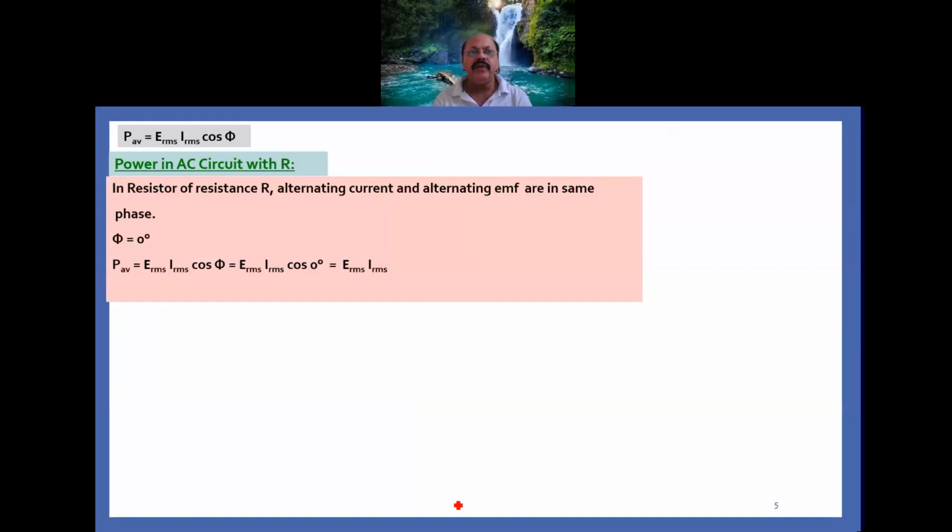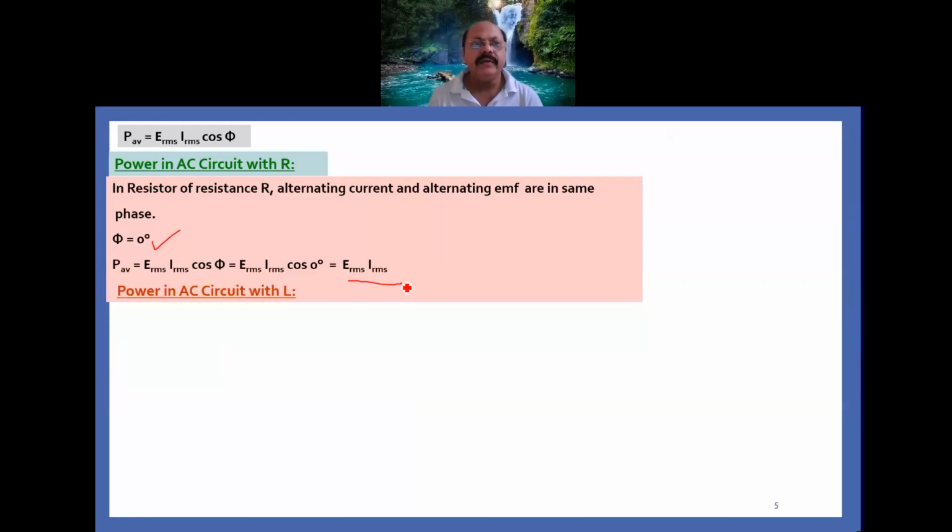Therefore, phi equal to 0. Then from the equation P average equal to ERMS IRMS cos phi, we substitute the value of phi, and we get P average equal to ERMS IRMS cos 0. So cos 0 is 1, and that's why you will get P average equal to ERMS IRMS.